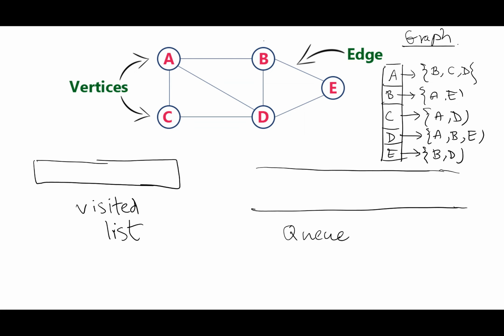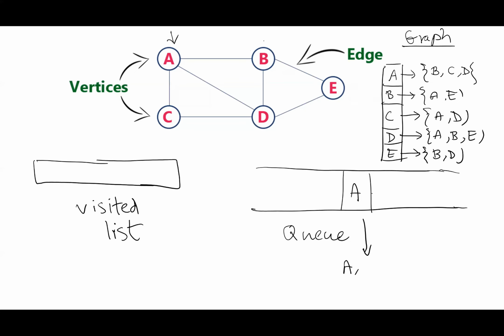Now, what we are going to do is we start somewhere. Say we put A. We start here. Okay, so we put A into the queue, and then we take out A, right? Let's say this is the visit order.